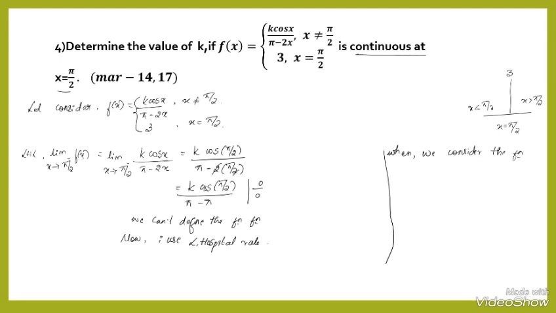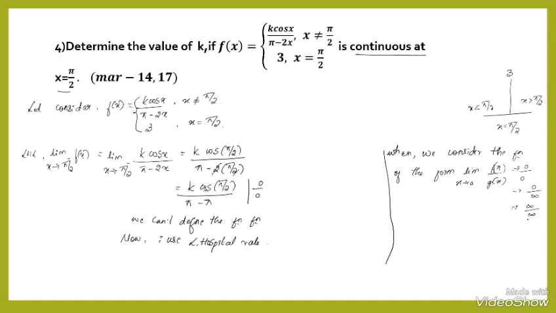Okay, if we substitute directly x by 0, then the function tends to 0 by 0 or 0 by infinity or infinity by infinity. These forms are called indefinite forms. Then in this type we can't define any function. That's why we have to differentiate.